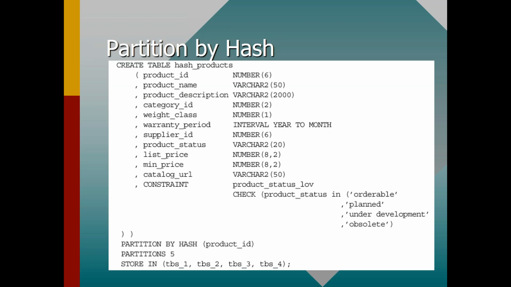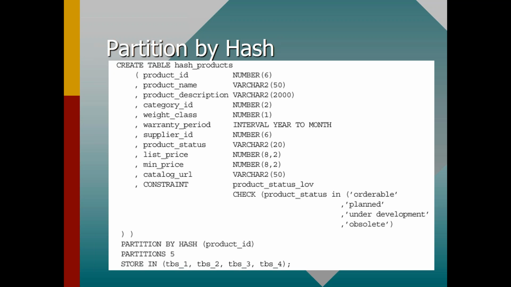It works well with column data types that are either number or date. You can see in the bottom left of your screen, we have the product ID and we specify 5 partitions.